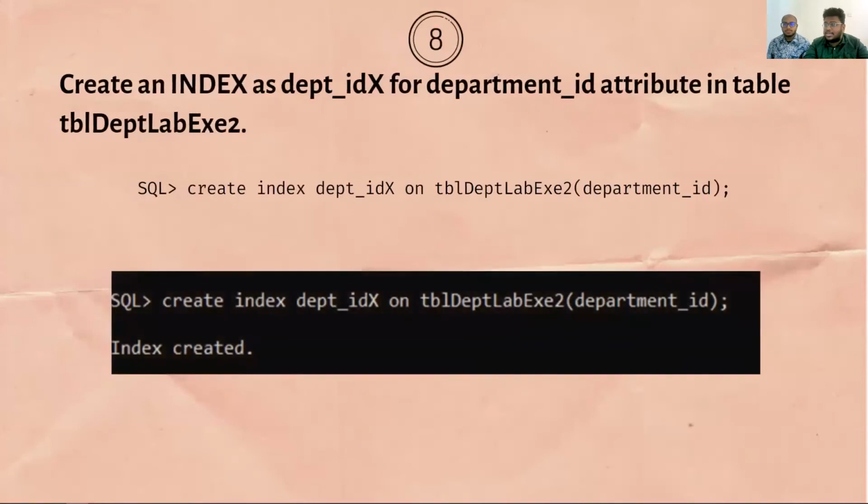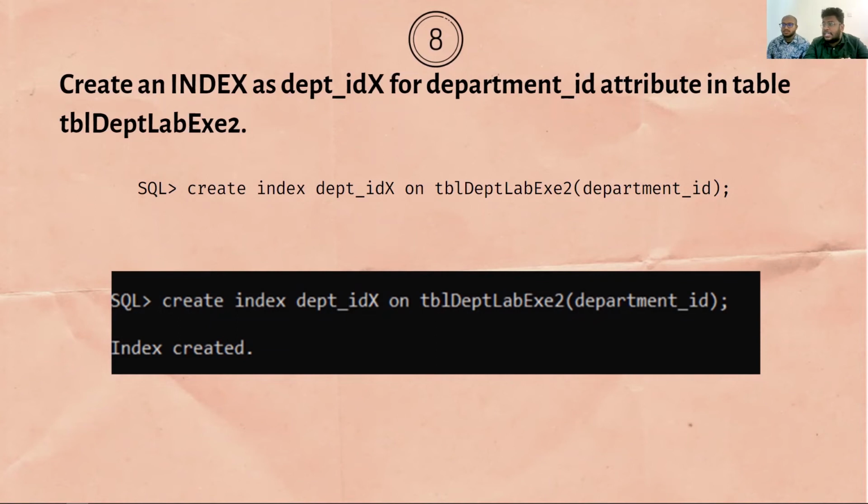So the next part is to create an index, department IDX, from the department ID attribute in the table TBL department lab exercise 2. As you all can see, create is the general word, and now we are creating an index.